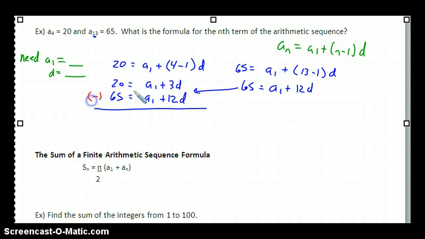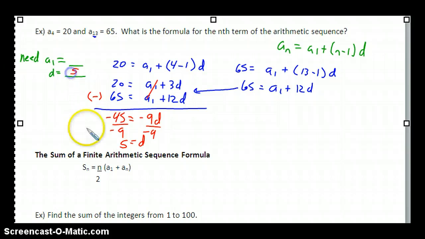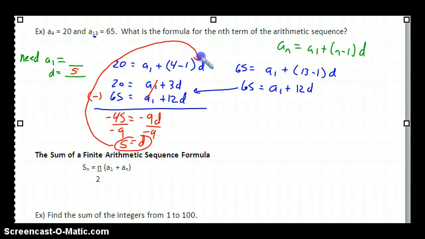That would tell me I'd have to subtract to get these to go away. So this would be negative 45, the a sub 1's would cancel out, equals negative 9d, divided by negative 9, I'd get my common difference to be 5. Now that I know my common difference, let's plug that common difference back in to this problem here, and I can get my a sub 1.